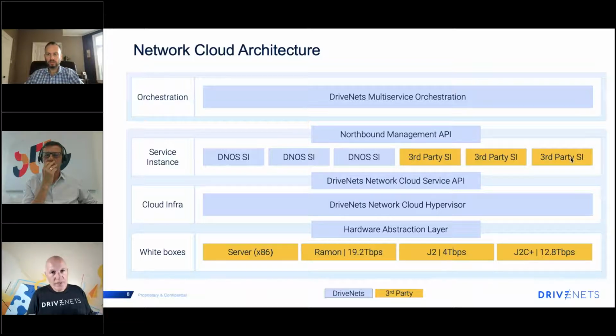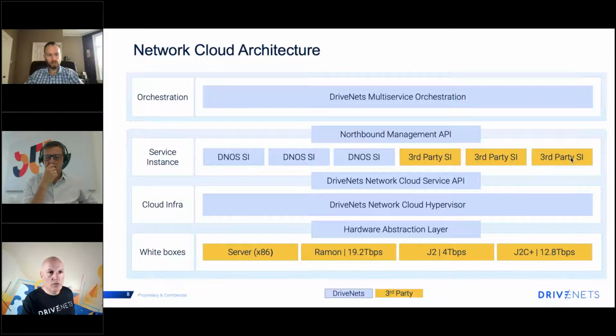And if you look at it in a symbolic way, we take third-party white boxes and servers. Those are gathered into a shared pool of resources and then virtualized with our hypervisor, with our virtualization machine, towards the upper layer instances, the upper layer applications. So everything, including compute resources, networking capabilities, TCOM resources, is virtualized toward the applications, and those applications can be from DriveNets.